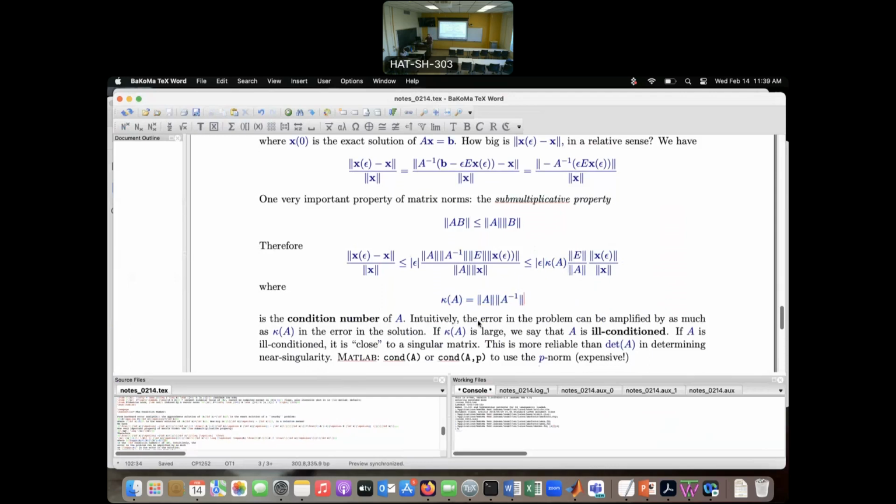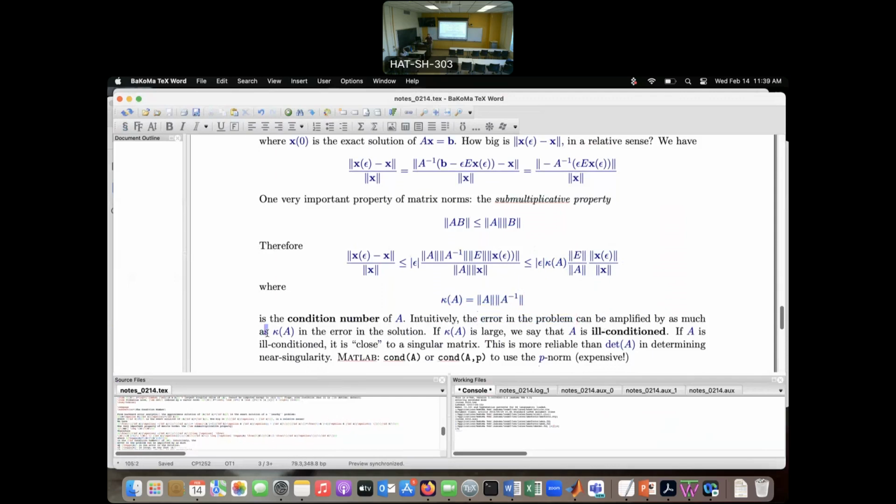Error or perturbation in a problem can be amplified by as much as the condition number in the error of a solution. So what that means is if the condition number, kappa of A, is large, that's a big problem, because a tiny change in the problem could result in a large change in the solution. And we say in that case that A is ill-conditioned.